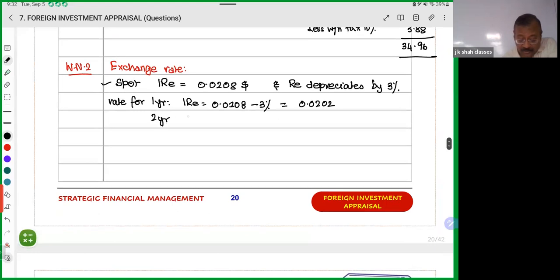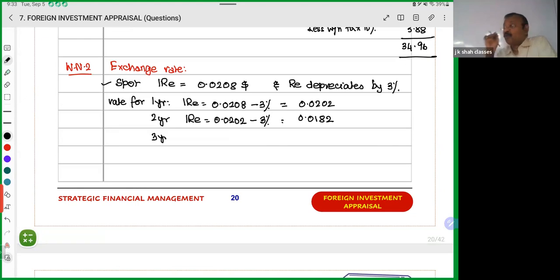For 2 years, 1 rupee equals 0.0202, re-punch the figure, minus 3%. 0.0182. Re-punch the figure. Take 0.0202 again in the calculator and do minus 3%.